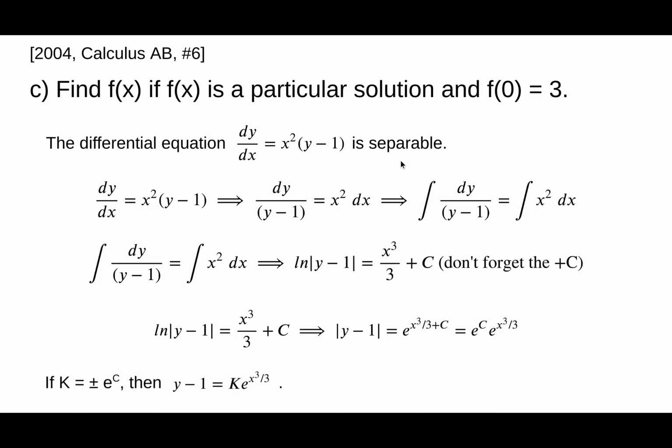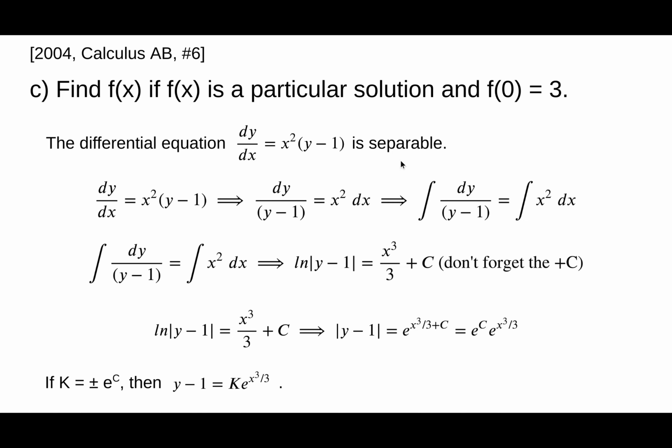Typically, you might substitute e to the c as just some other parameter k. It's a constant, so it doesn't really matter. We just allow k to equal either the positive or negative version of e to the c. We'll figure out later whether or not k has to be positive or negative, if we need to at all.